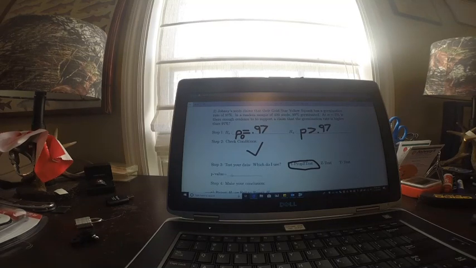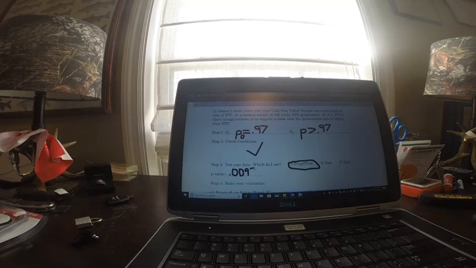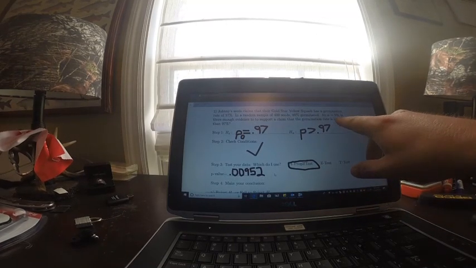So the p-value we got was 0.00952. The reason that I didn't round this to 0.01 is that here the alpha is 5%, so it really wouldn't have mattered.